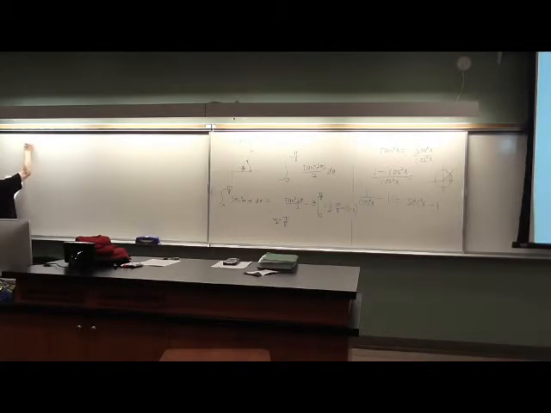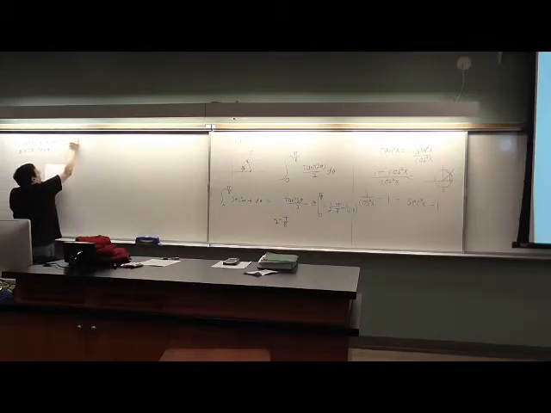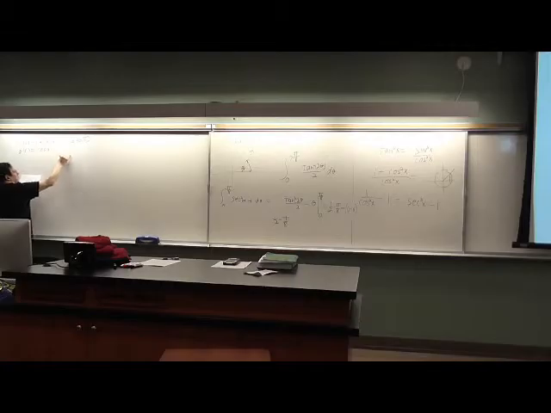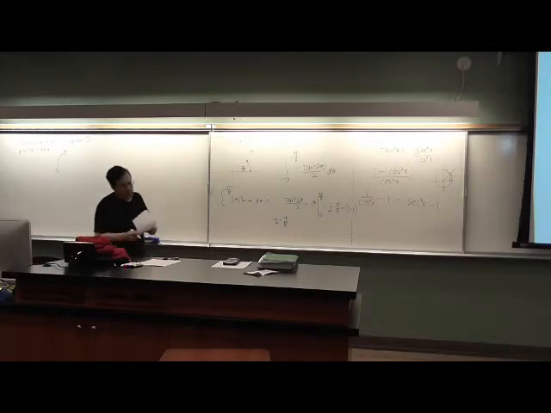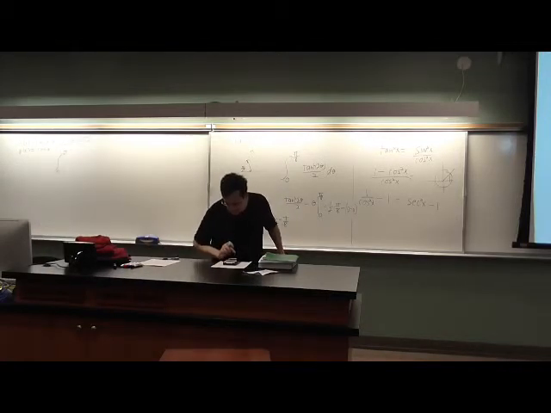My f of x is the 1 plus cosine of x. And my g of x is cosine of x. And I want this from 0 to pi.